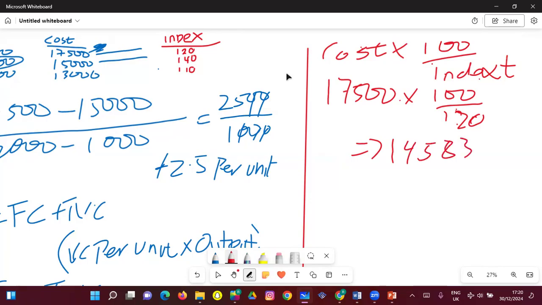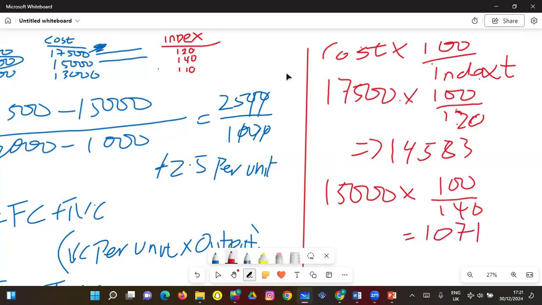So we are bringing it down because of inflation. Then the other one will be 15,000 times 100 over 140, and we are going to get around 10,714.